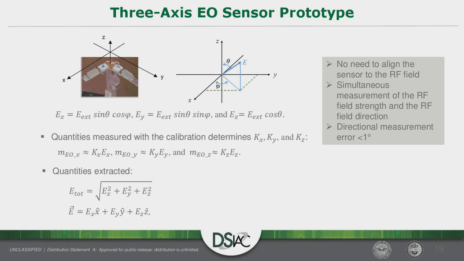From there, we can measure each x, y, z component of the E field. Then we calculate the E total field, the field itself, using an equation like this. Also, since we know the x, y, z components of the E field, we can calculate the direction of the E field. When we did the experiment, we saw the directional measurement error is less than 1 degree.